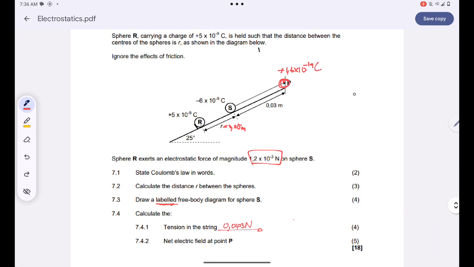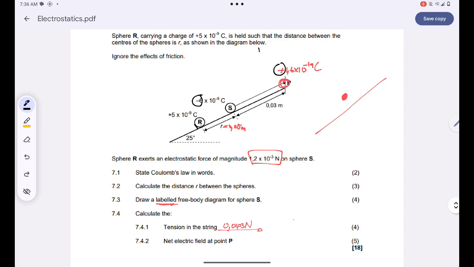let's draw a free body diagram, guys. This will be charge P, and that's our incline over there. Let's see how charge P is going to behave as a result of charge S. Since both of them have different polarity, this is negative and that's positive.